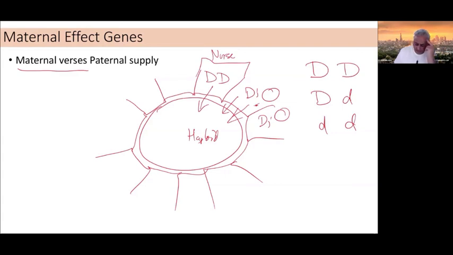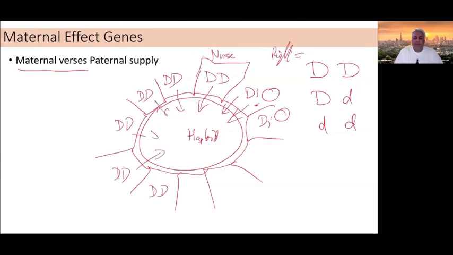So remember, big D equals right-handed, right? So in this case, all the cells will have big D, like this. And therefore, they're all leaching in a chemical into the developing egg, which upon fertilization will start mitosis by forming a right-handed spiral to the body. So that's what happens here, right?